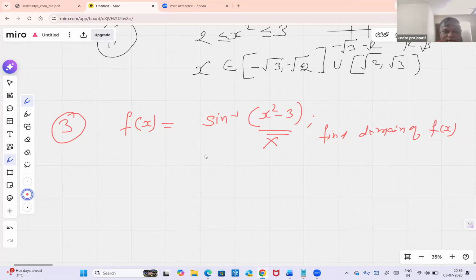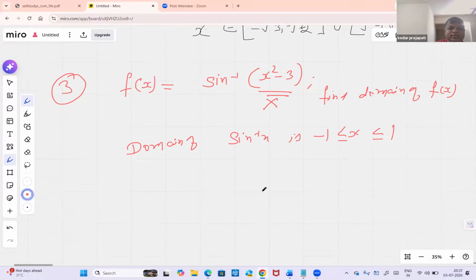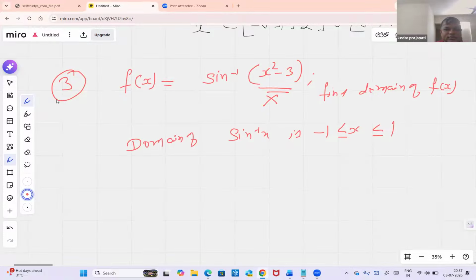So the domain of sine inverse x is x between minus 1 and 1, which implies x square minus 3 is also between 1 and minus 1.